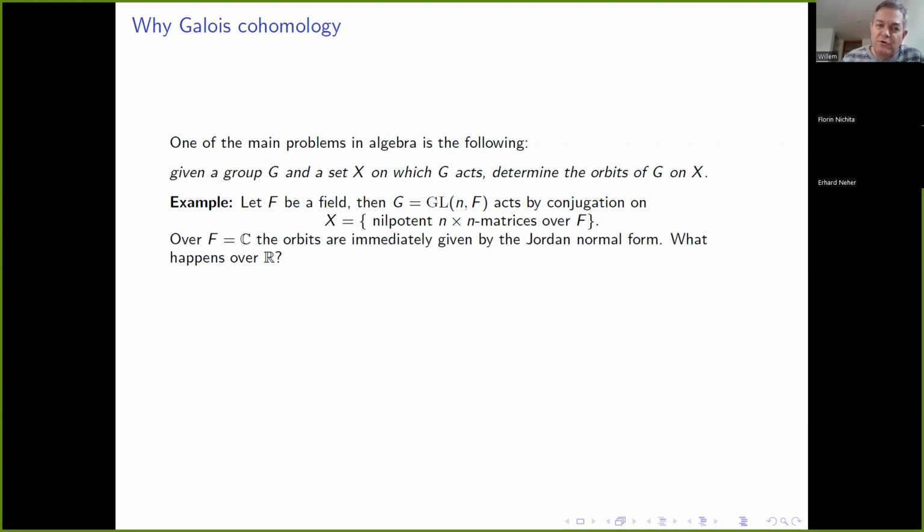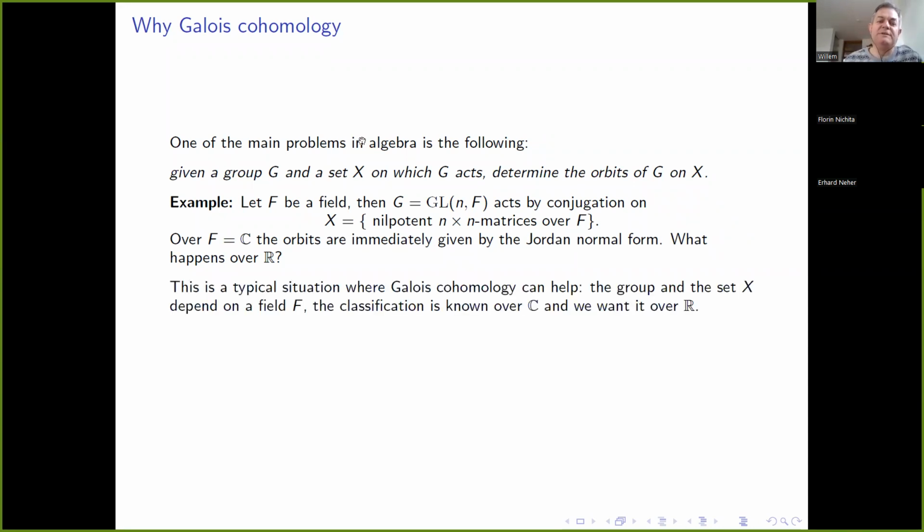Of course, this can be solved in a few ways. But in any case, this is a typical situation where Galois cohomology can come in to help, because the group and the set on which it acts depend on the field, and we know the classification over the complex numbers, and we want the classification over the real numbers.